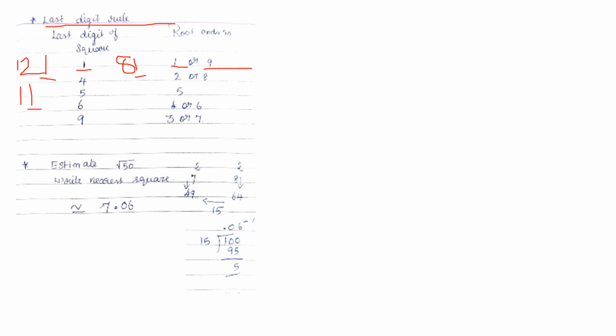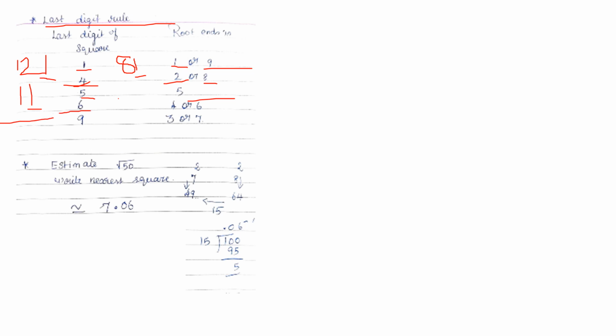Like that, 4: 2 2s are 4. If the last digit is 4, like 144, then the root ends in 2. 8 squared is 64, so if the square ends in 4, the root can end in 8. 5 means 5 only. 6 means 4 4s are 16.